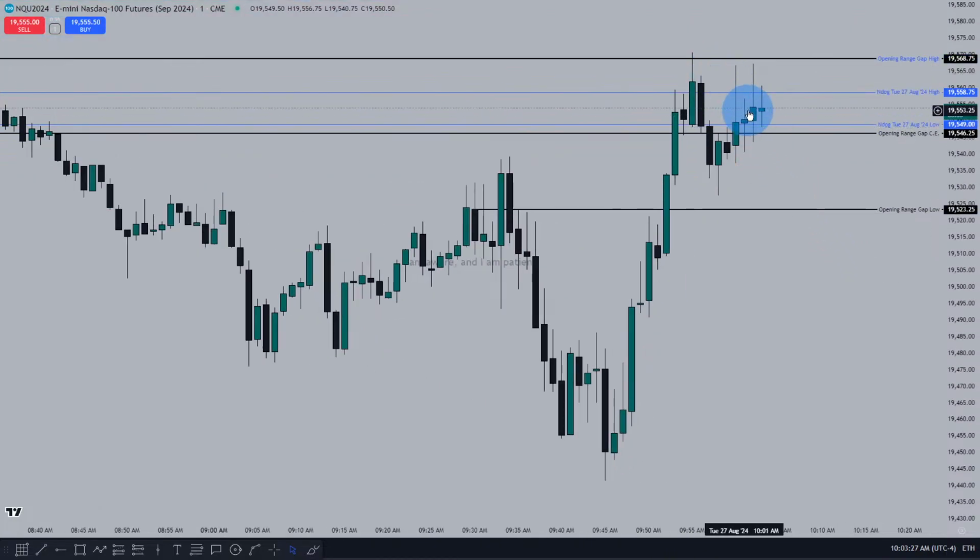Price kind of meandering around the high and low, not doing much.